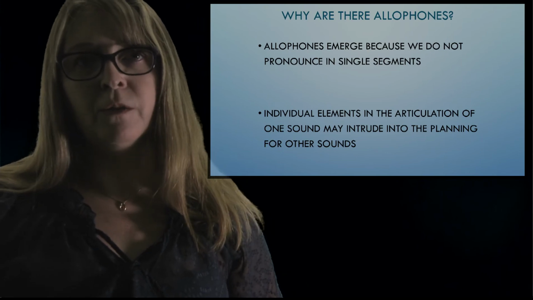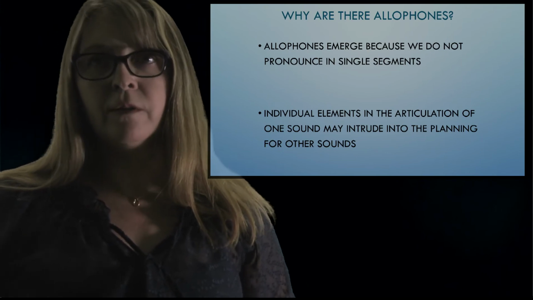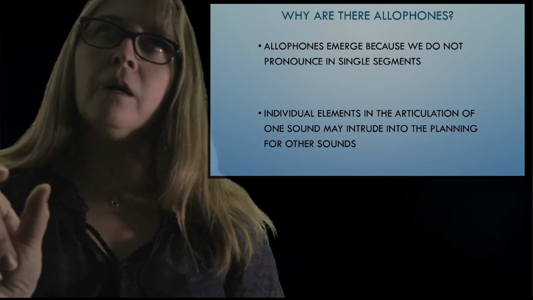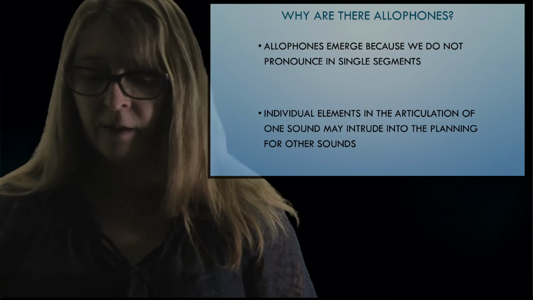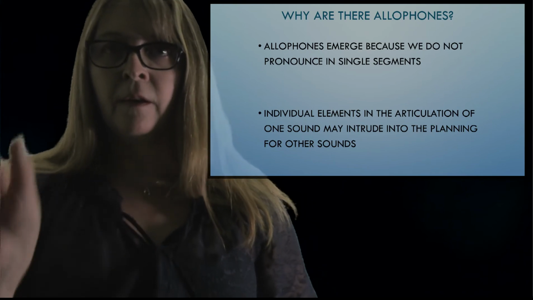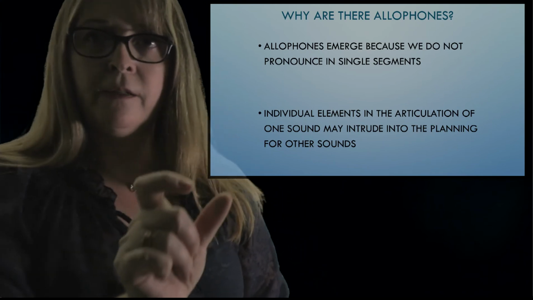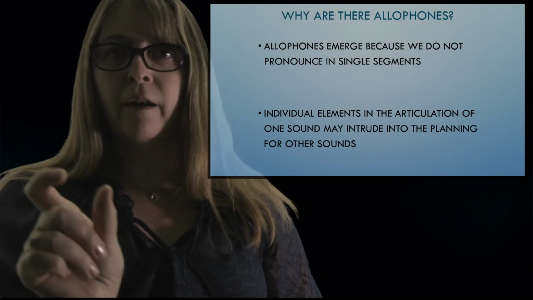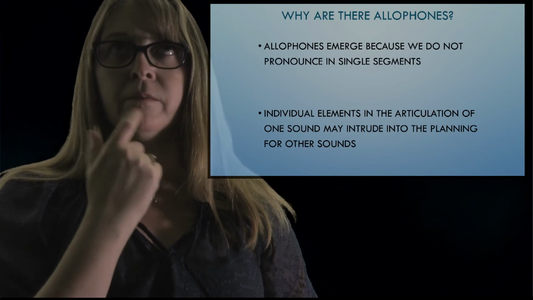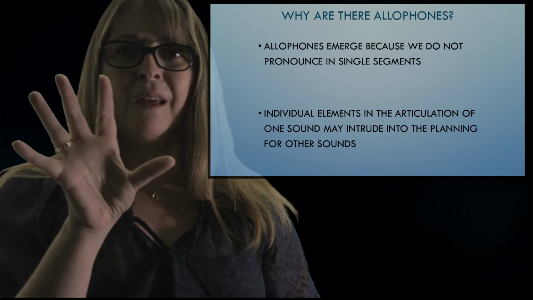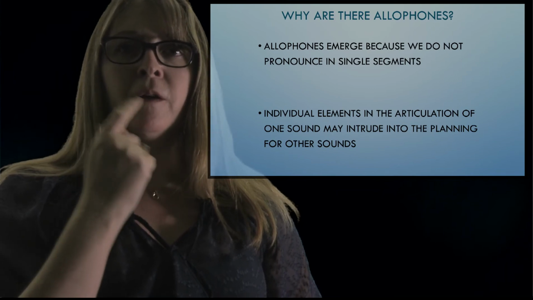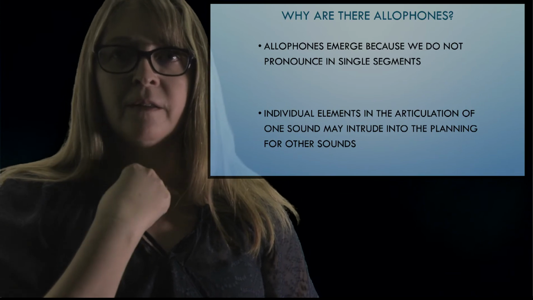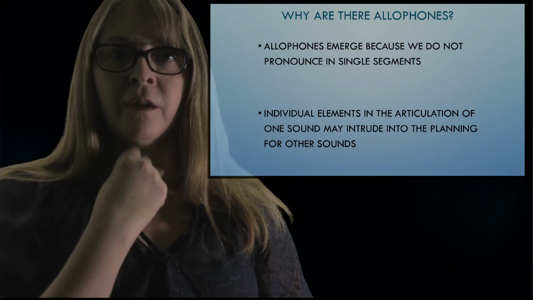Allophones emerge because we do not pronounce in single segments. Let's say, if I say catalyst, catalyst, I have the t, cata, which is like a, I don't remember the word for it, sorry. But you hear that it sounds different, catalyst, right?